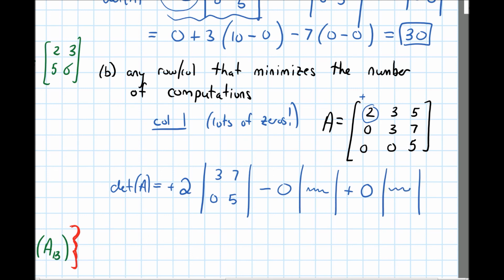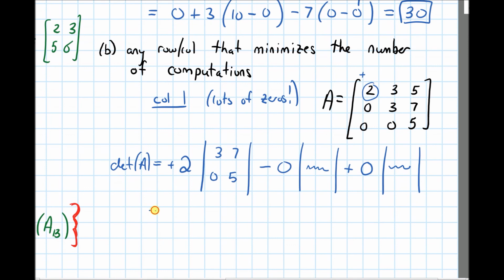But that's not going to matter either, because 0 times whatever is going to be 0. So what I'm left with is 2 times this first determinant. I multiply the 3 times the 5, which gives me 15, minus 7 times the 0, which gives me 0. And then these other two terms, a minus 0 and a plus 0. So I'm left with 2 times 15, which is 30.